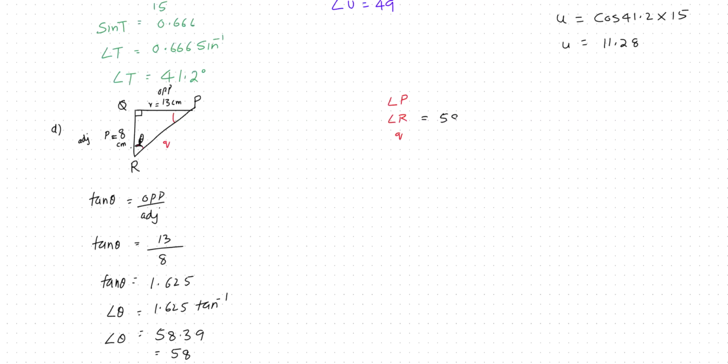Okay. So once we know this angle R, then we know this angle Q is 90. So we can find angle P. So angle P will be equal to 180 minus 58 plus 90.